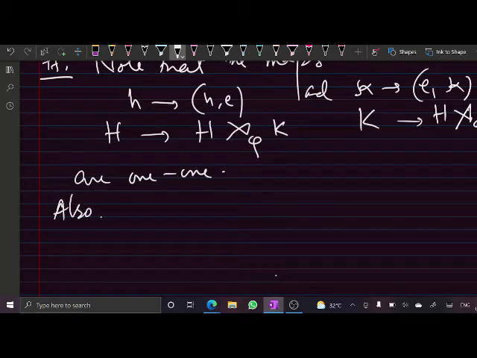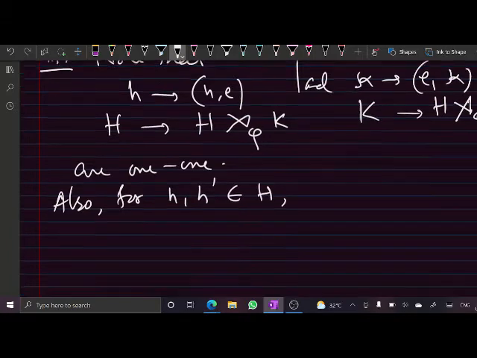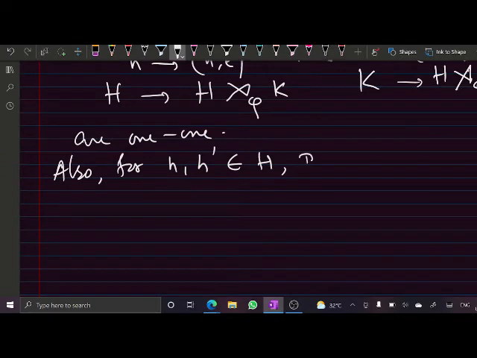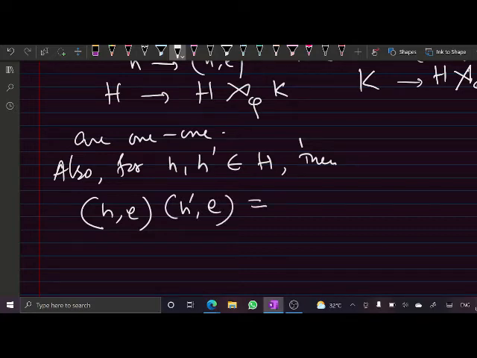Also, for h dash belongs to H, these two elements will be mapped to (h, e) and (h dash, e), right? Then the product of (h, e) and (h dash, e) is actually, so what is the product?